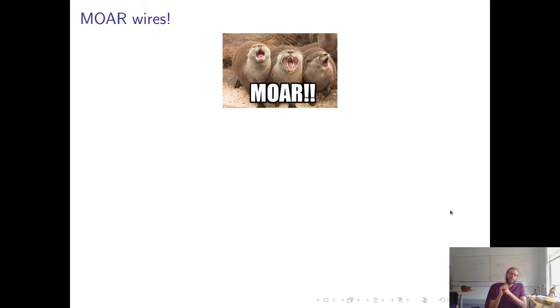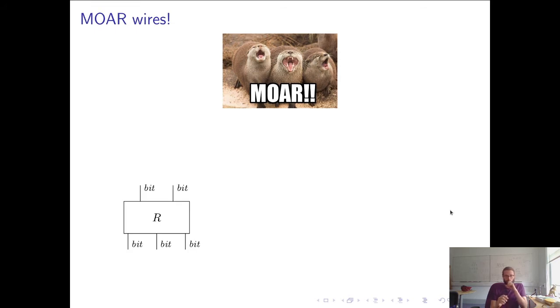The last thing I need to tell you formally about relations is what happens when there's more wires. A box can have lots of wires in and lots of wires out. For relations, this just means that it relates lists of the things on the input wires to lists of the things on the output wires.